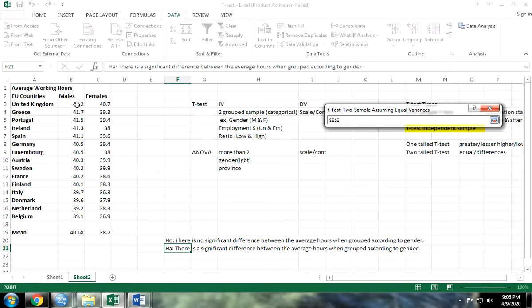Variable 1 is the first grouping, males. Oops, I checked the label, so make sure the males are included in our selection.